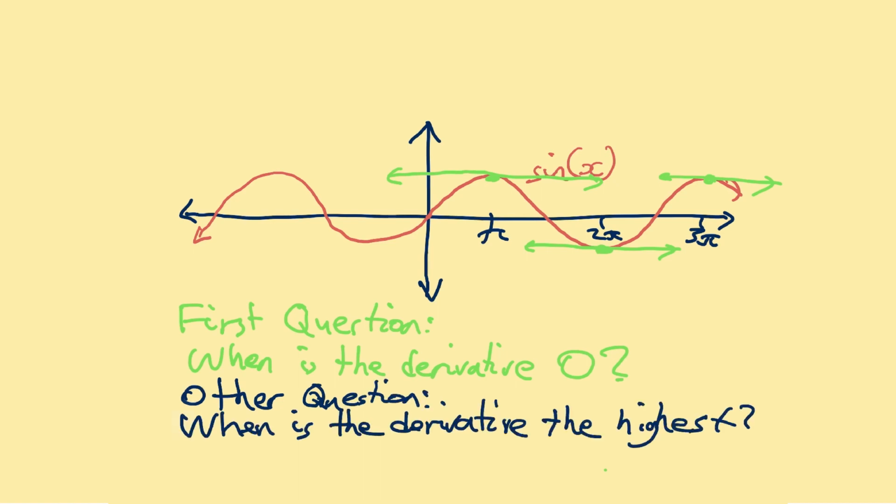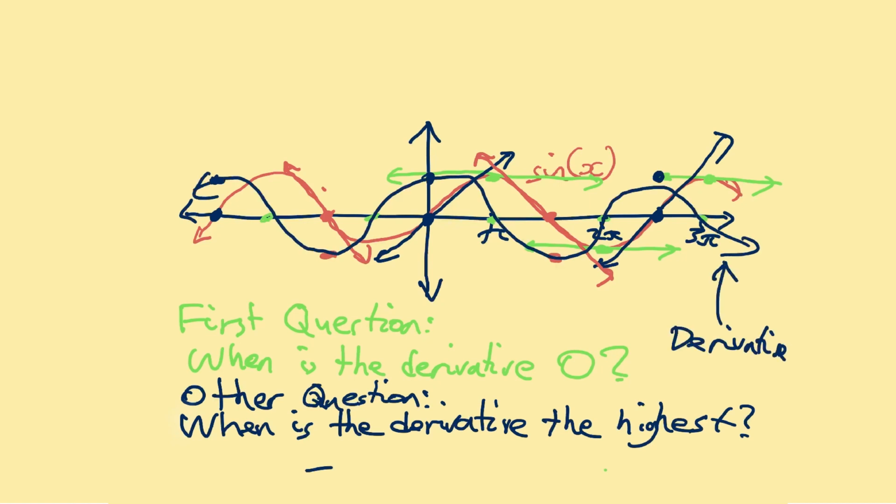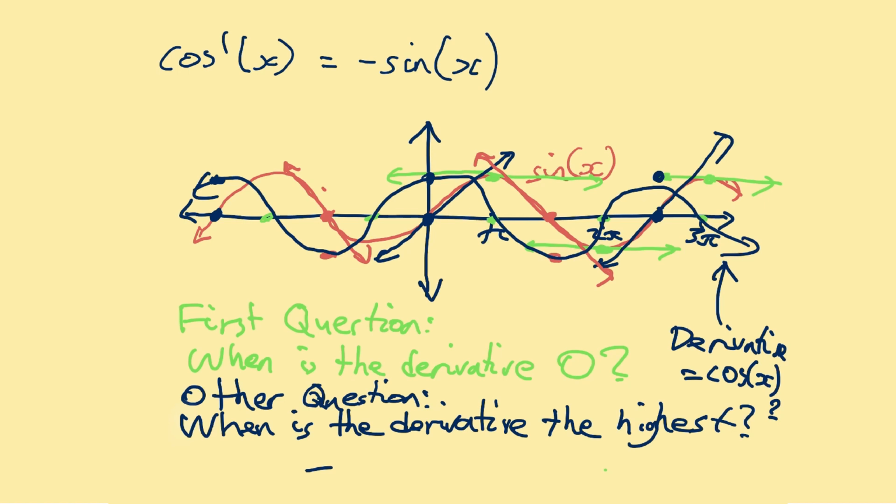Well, that's when the sine function is the steepest going up and to the right. So that's the blue points. And where the derivative is lowest is the red points. We can use this to get a rough sketch of the derivative of sine of x. This looks a lot like cosine of x. And in fact, that's correct. We can use the same exact method to figure out that the derivative of cosine is negative sine, and the derivative of tangent is a function called secant squared.